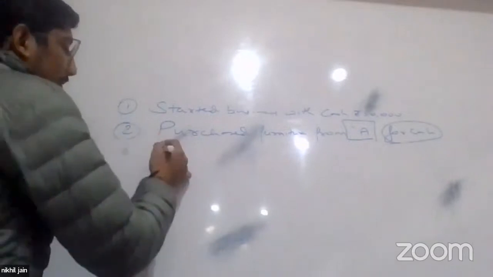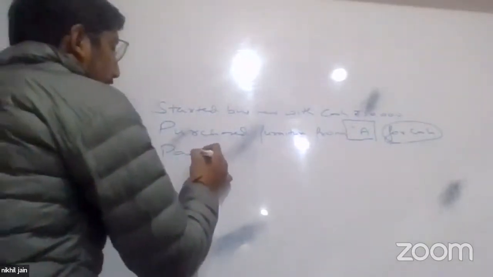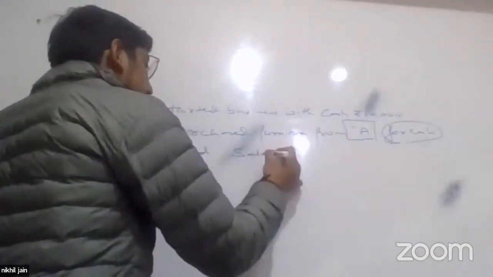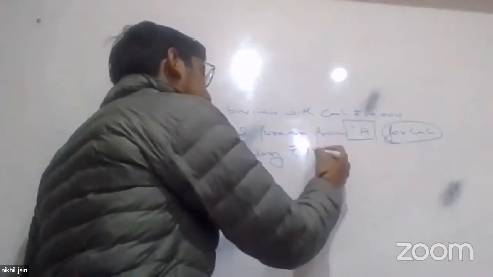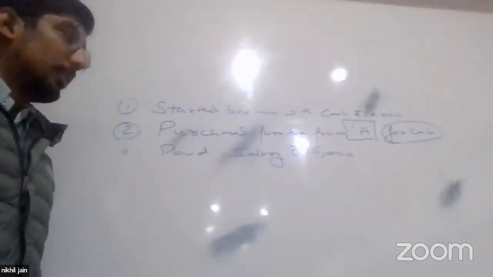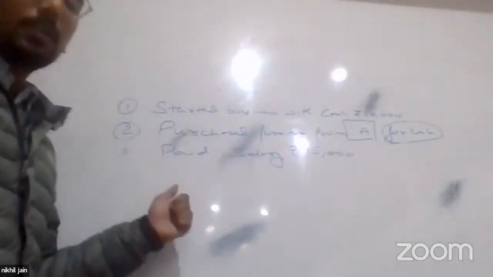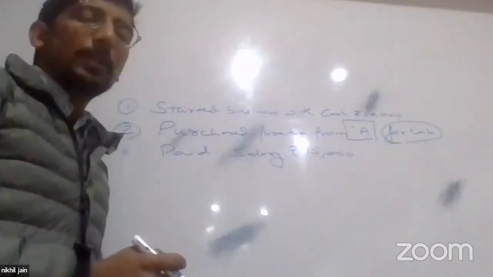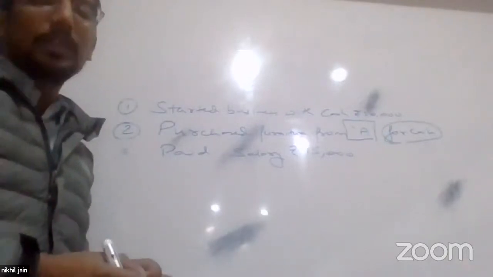Now the next entry we will be discussing is paid salary. Whenever it is written paid salary, suppose ₹15,000, we will use the word cash with it, because generally salary is paid in cash.